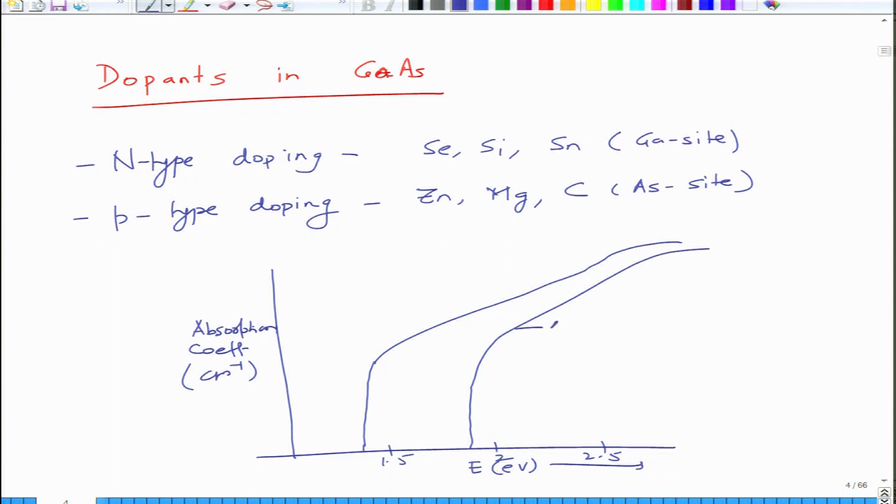So, this is AlGaAs and this is gallium arsenide. This would be about 33% aluminum, so 0.33 aluminum and 0.67 gallium, and this increases the band gap of gallium arsenide.